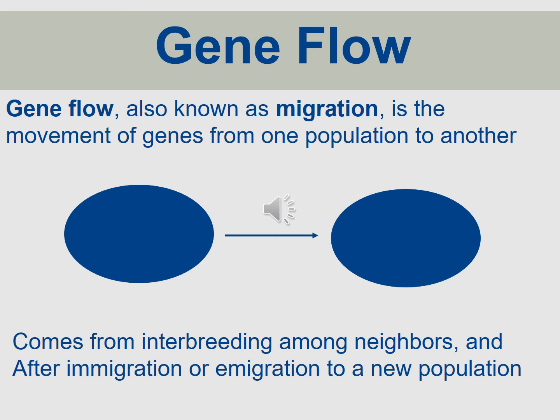And we can explain those changes in gene or allele frequencies among modern Germans due to a migration from a different region, right? So this is where populations migrate, and you have interbreeding with neighbors in a new population.